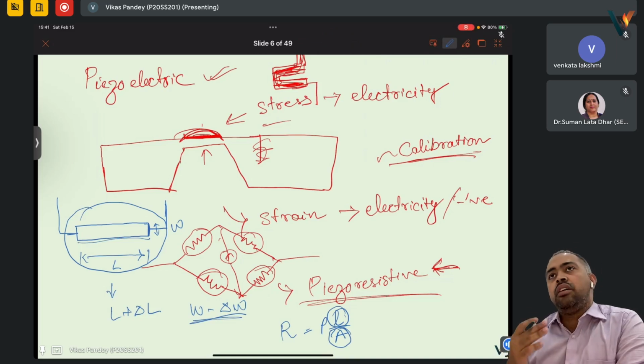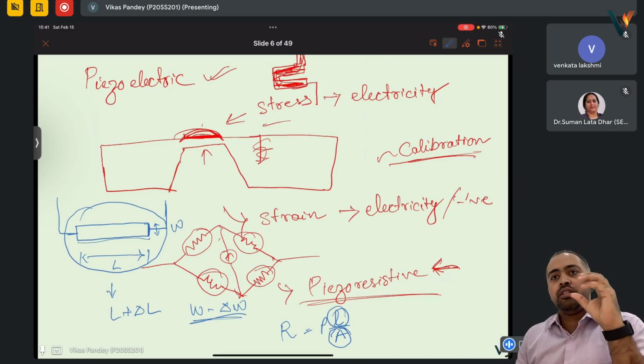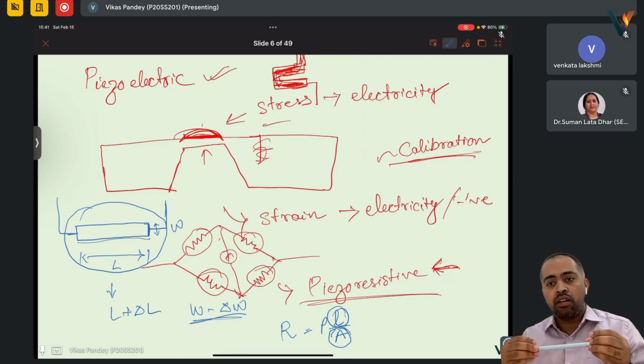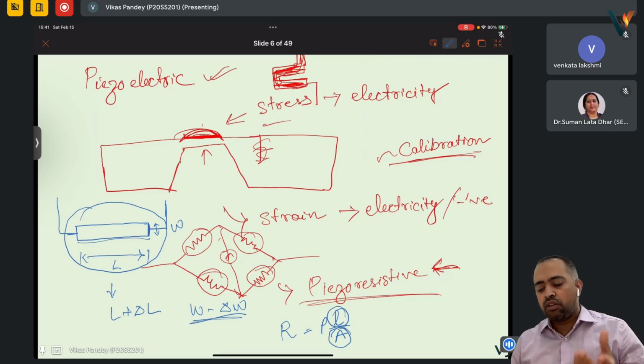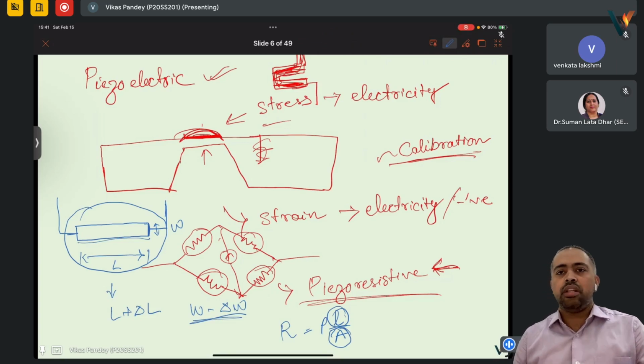Here, since it is a sheet and not bulk like a wire, we consider only sheet resistance. So instead of A, we are replacing it with W for convenience, since the thickness will, let's say, remain the same.